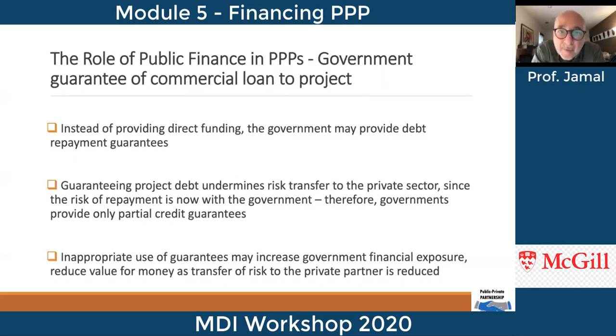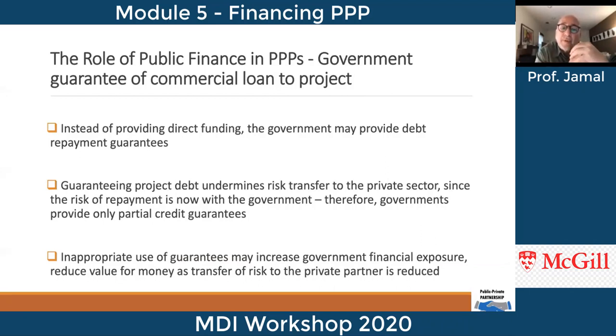What I like with the partial credit guarantee is when it is provided as part of a project where the partial risk guarantee is guaranteeing non-commercial risk, it helps the private sector to raise money, extend the maturity of the debt, and reduce the cost of borrowing.